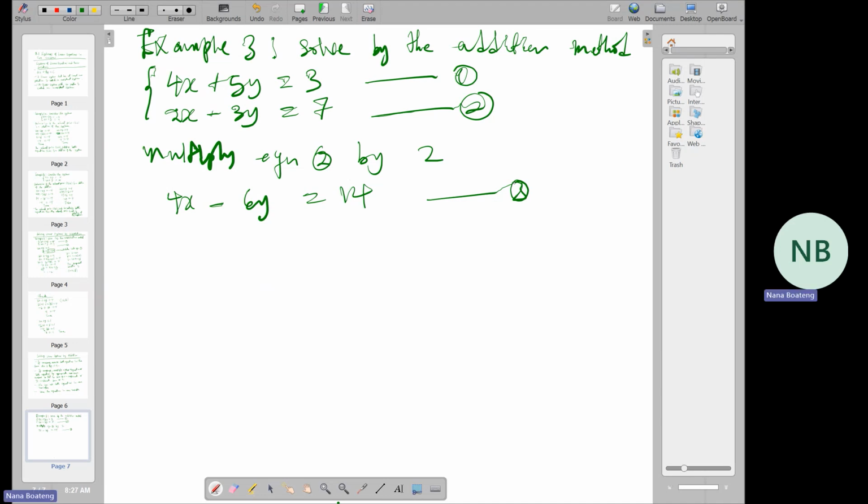So we see that the first equation has 4x, and the third equation, which is equation 2 multiplied by 2, also has 4x.